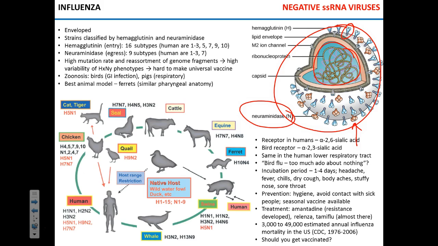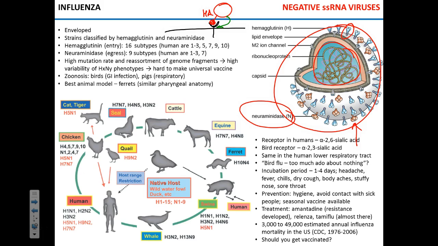So if we have a cell surface, we have a receptor, and we have the virus. That's going to be hemagglutinin that binds to the receptor, and the green is going to be neuraminidase. It cuts the receptor, and that allows the virus to enter the cell. Does that make sense? Okay. I want to correct myself. Not only enter the cell, neuraminidase is also necessary for the virus to leave the cell. But let's put it on the back burner.